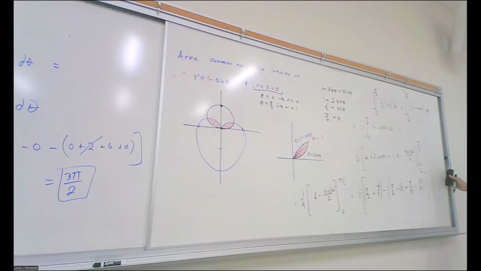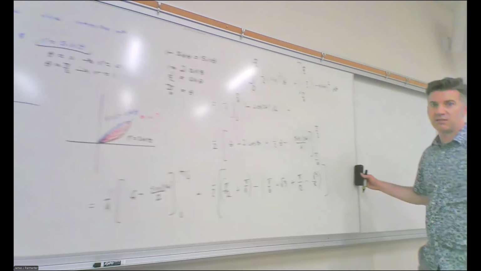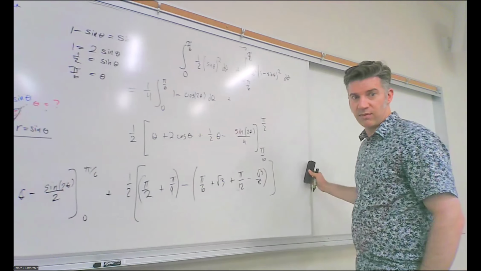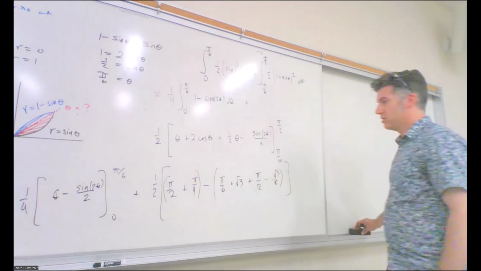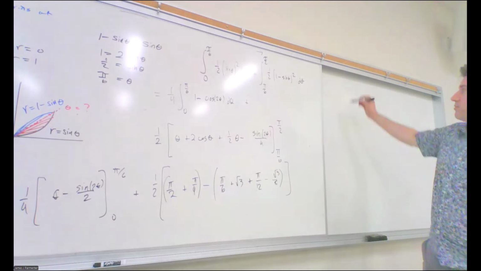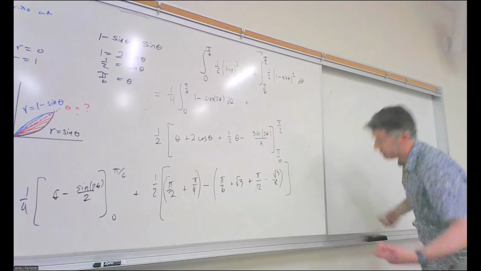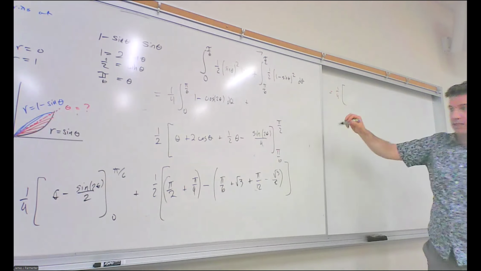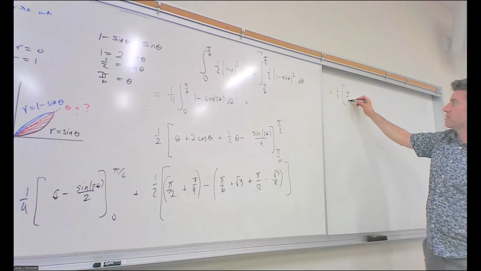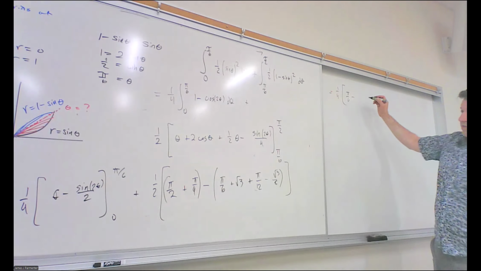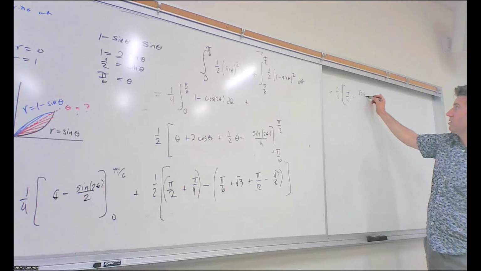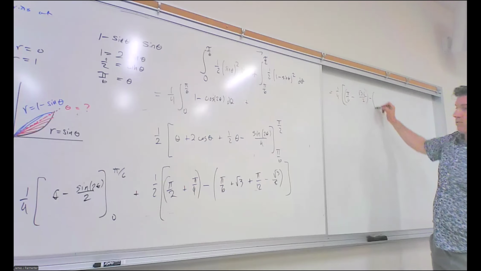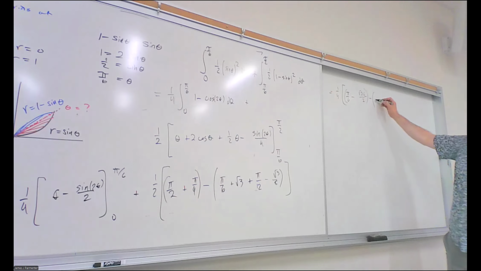So finishing this up, sometimes these problems really are terrible, as you can see. I'm going to give myself enough room to write it right there. So finishing these up, we've got 1/4 times plugging in the pi over 6: pi over 6 minus sine of pi over 3, which is root 3 over 2, over 2, minus plug in 0, you get 0 minus sine of 0, which is 0.